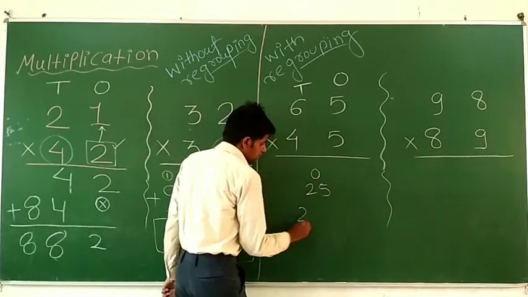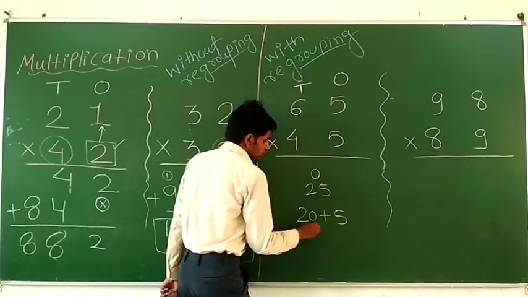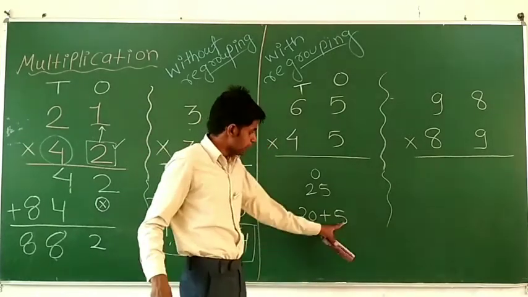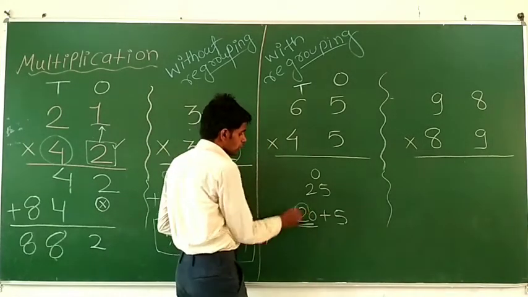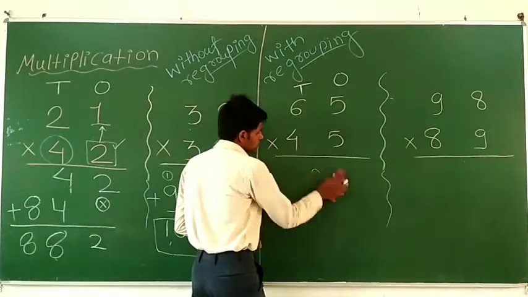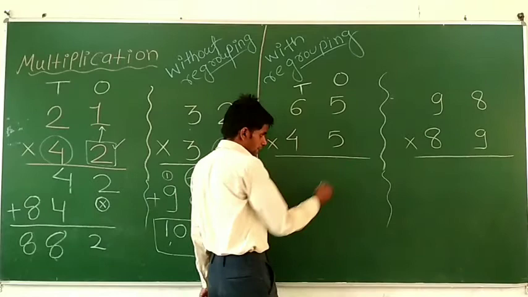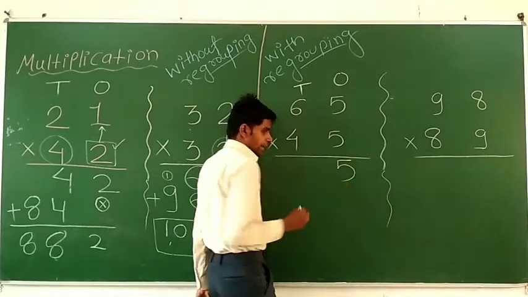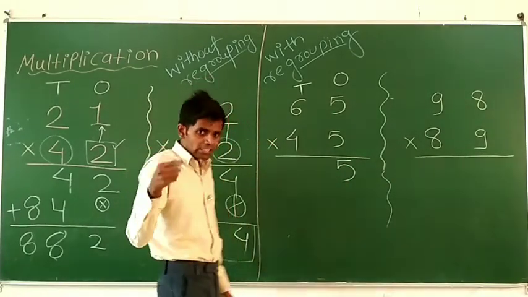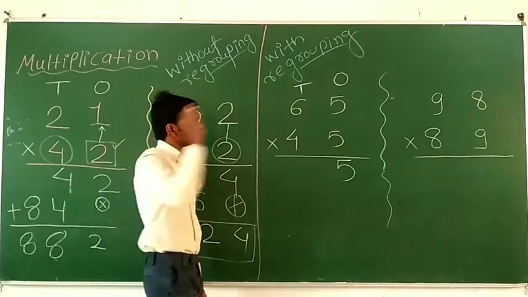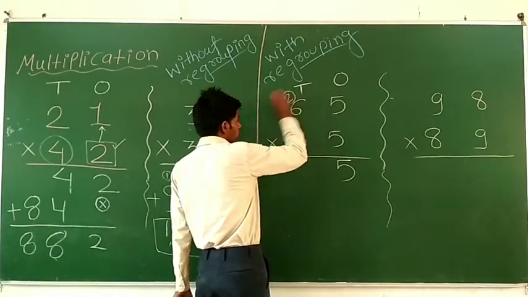So we know that there is 20, it is 2 times tens and 5 times ones. Yes, so this 2 will be carried forward. बहुत simple है. We cannot write 25 directly at the ones place. We have to write 5 and the 2 which is on the tens place will be carried forward. So we will write the carry forward number here.